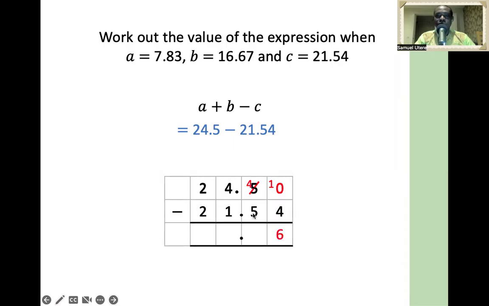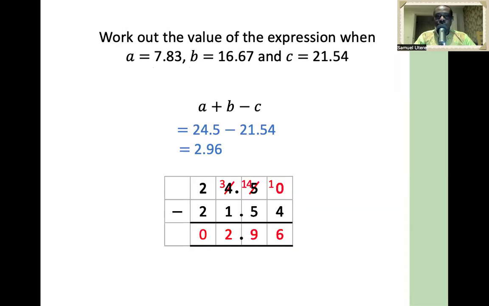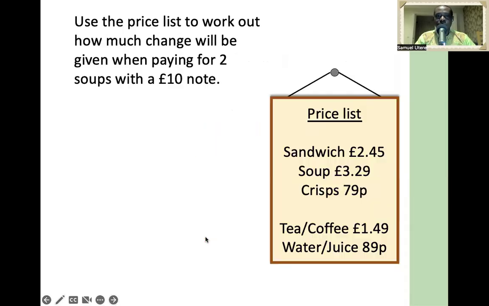It's not enough to take 5 away from it, so we do an exchange from there. That's now 14. 14 subtract 5 is 9. Remember, we did an exchange here, so that's left with 3. 3 subtract 1 is 2, and then 2 subtract 2 is 0. So our answer is 2.96. We do not have to write the 0 because there is no value to it.